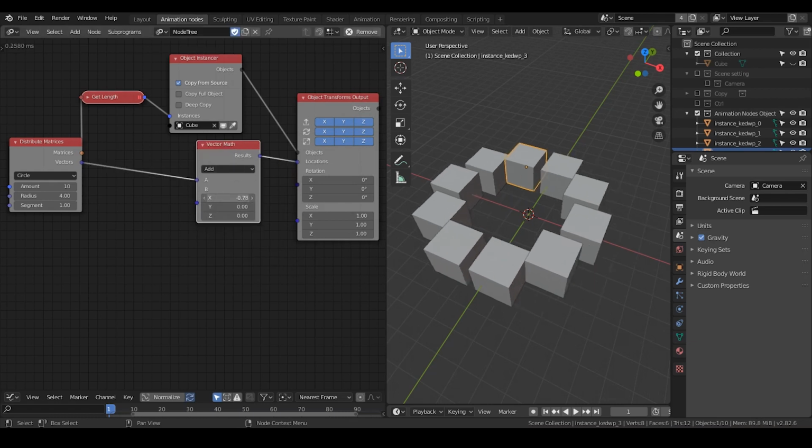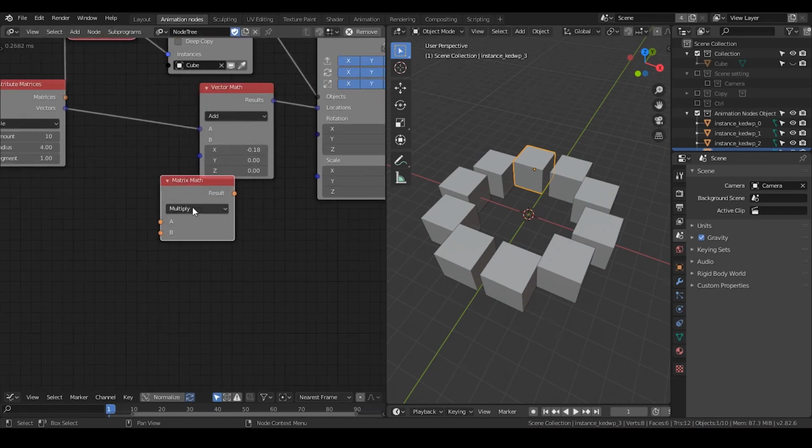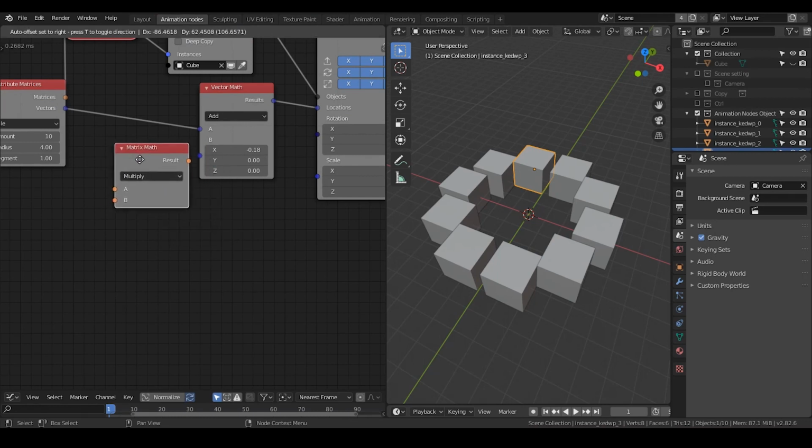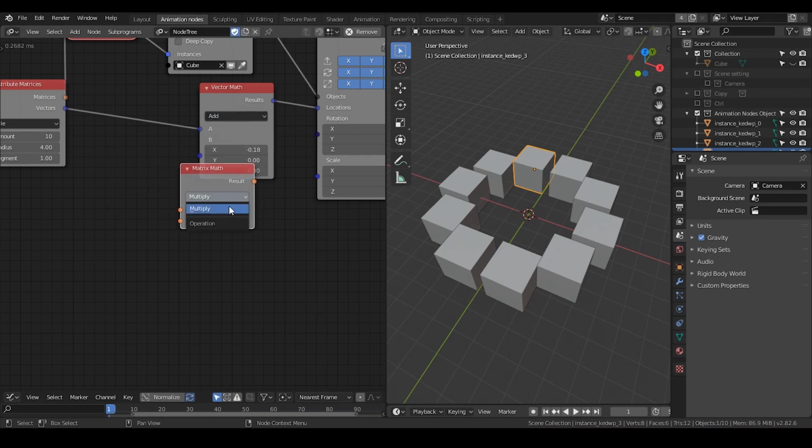Then you can easily change all these things. But if you're working with matrix math, it does not seem very intuitive because you only have a multiply operator, and this I will elaborate later. Instead of having add, subtract, multiply, divide, cross, project, reflect, normalize, and so on, matrix math is very vague, where it only has multiply.